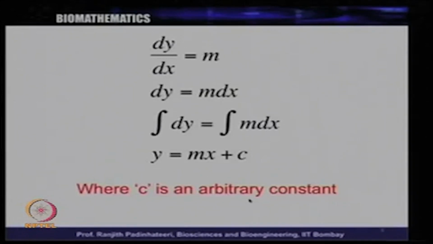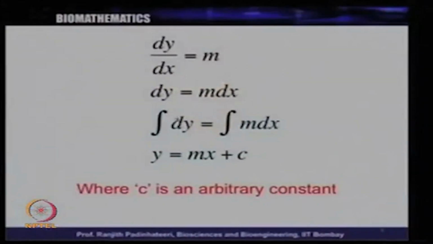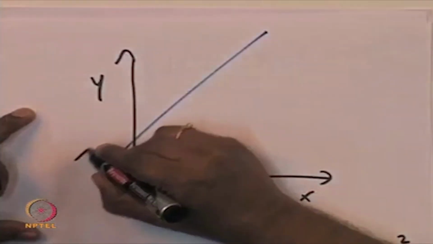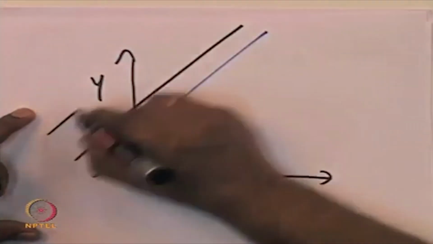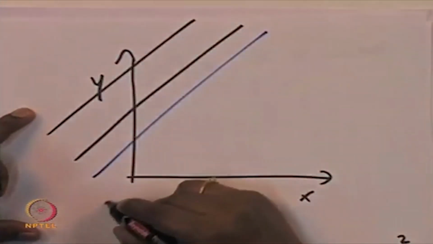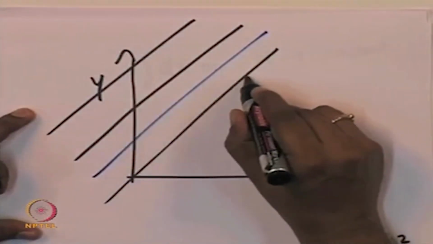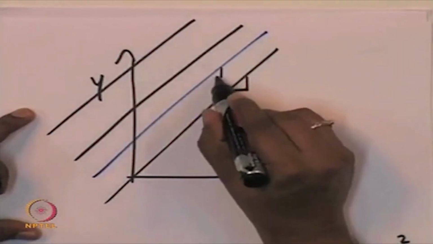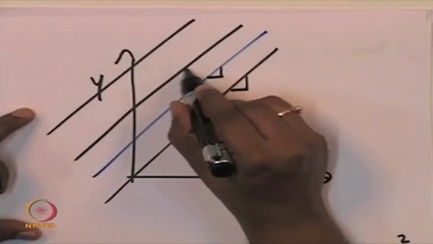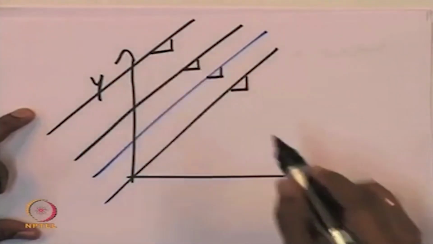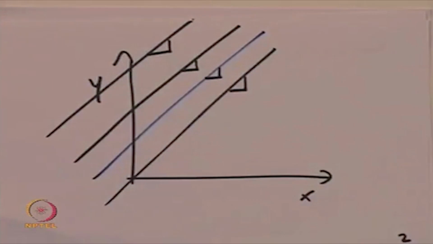So, what does this mean? This means that if you integrate dy by dx equal to m, you can get a curve like this, or a curve like this, or a curve like this, because we do not know what c is. We only know about the slope of this and slope of this, all of this are the same slope.